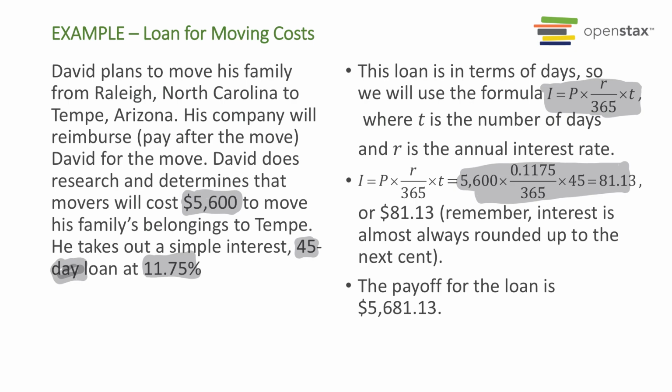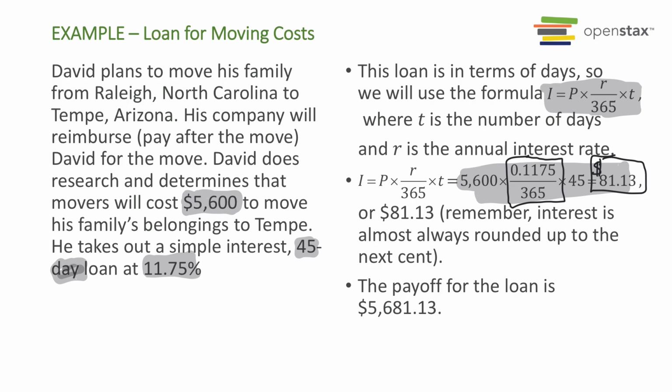That right there is converting it into 1 day, basically. This is a daily rate times 45 because there are 45 days. So that's telling us that David's going to be charged $81.13 in interest.